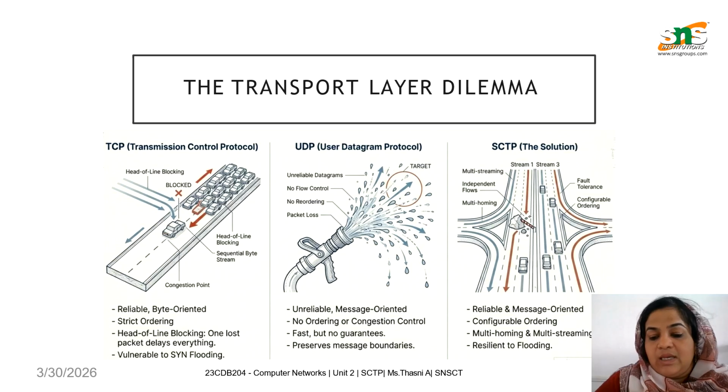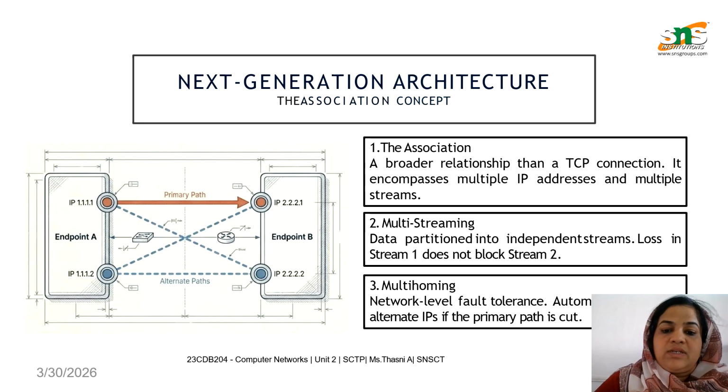It is reliable and message oriented, with configurable ordering. Multi-streaming is possible, and multi-homing also. It has independent flows, and it also provides fault tolerance and resilience to flooding. So the next generation architecture, if you see the association concept, the association is nothing but a broader relationship than a TCP connection.